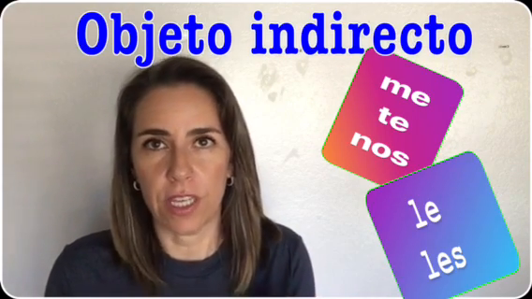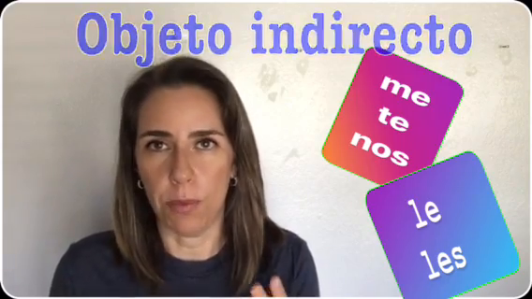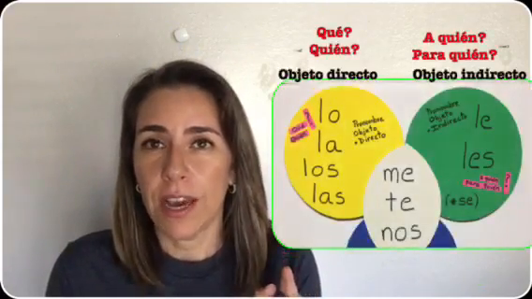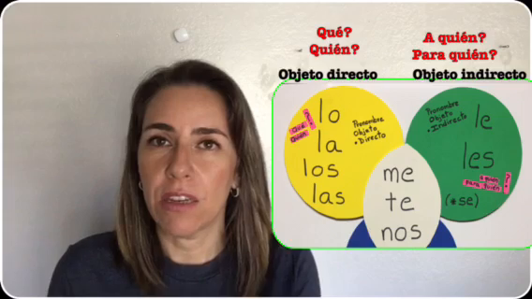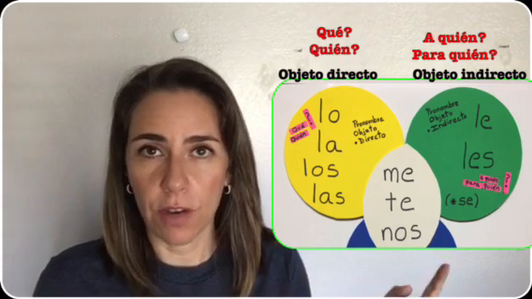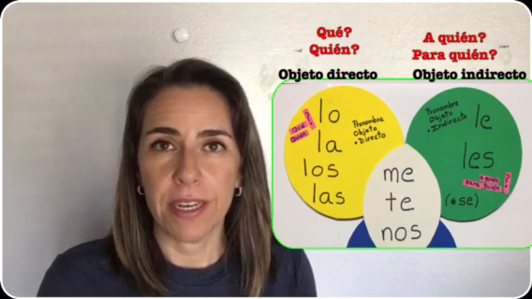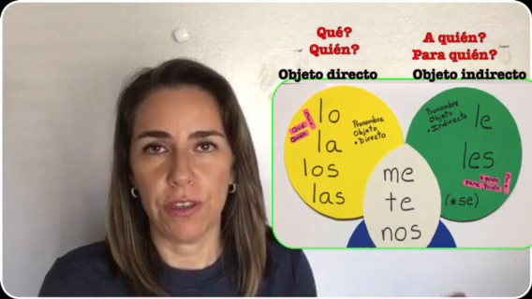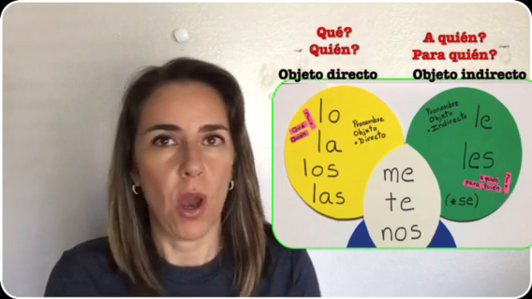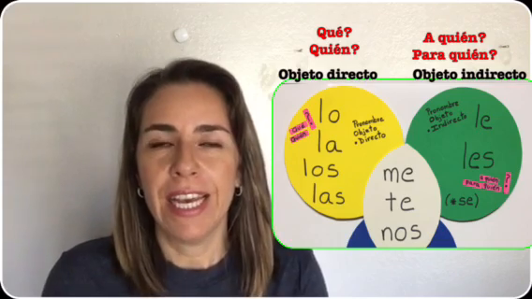In the indirect object, we only have two options. So we only have number, singular or plural. Direct object, we have singular, plural, feminine, and masculine. So gender and number. Indirect object, only number.